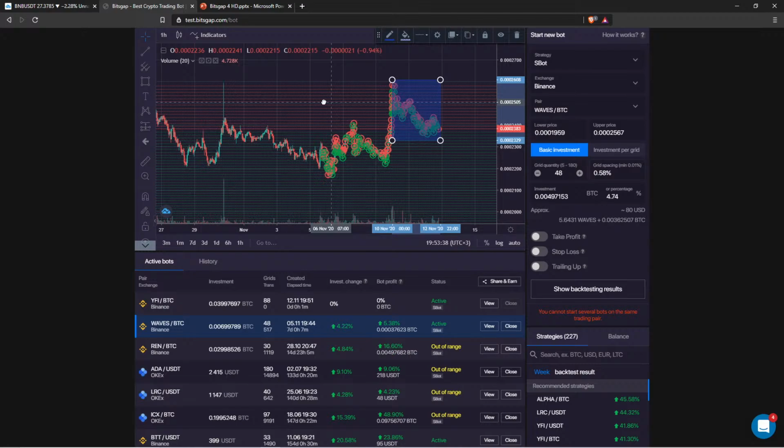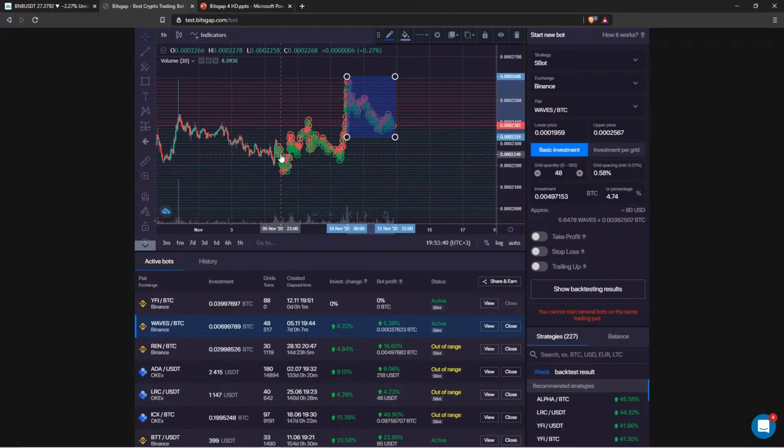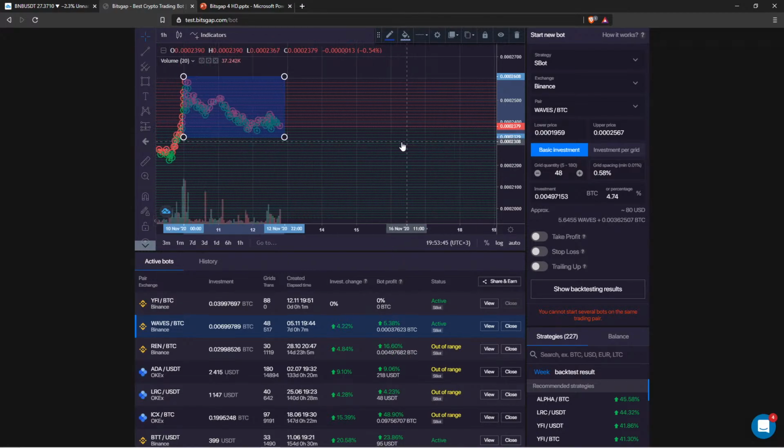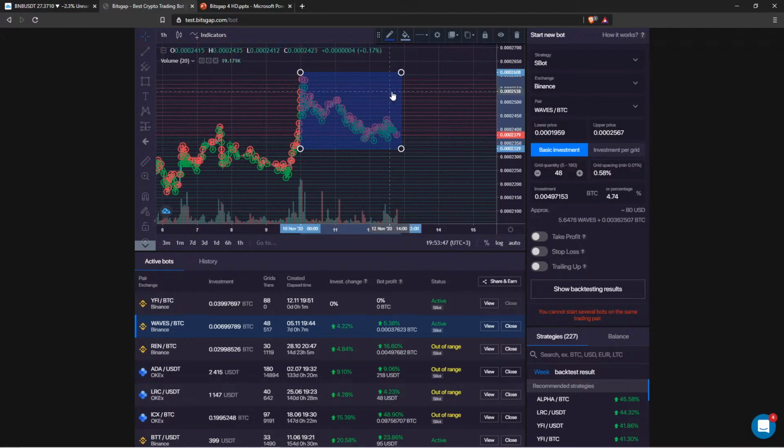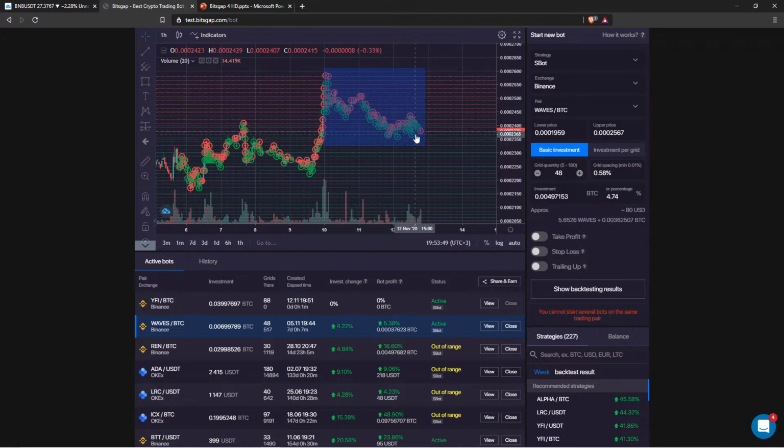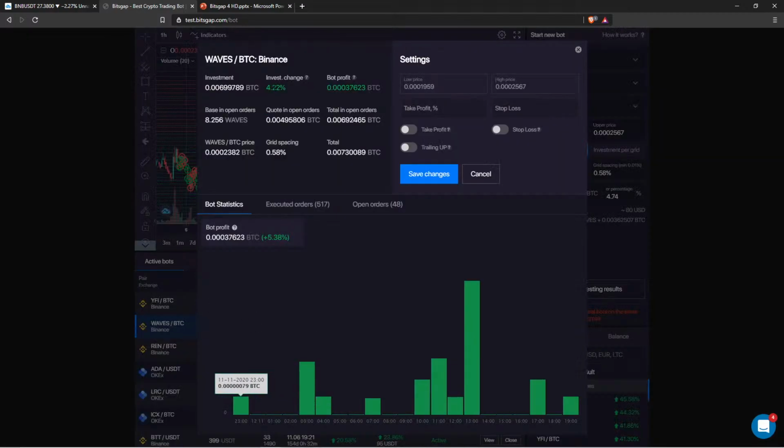So even though you see the market has been rising since the inception, but this here moment is known as the shortfall, and during this shortfall we are a bit affected by the negative value change of the Waves, because we have some Waves currently in open orders. So you see base in open orders, so that's the amount of Waves that we currently possess in this trade, and here's the amount of base currency that we currently possess.